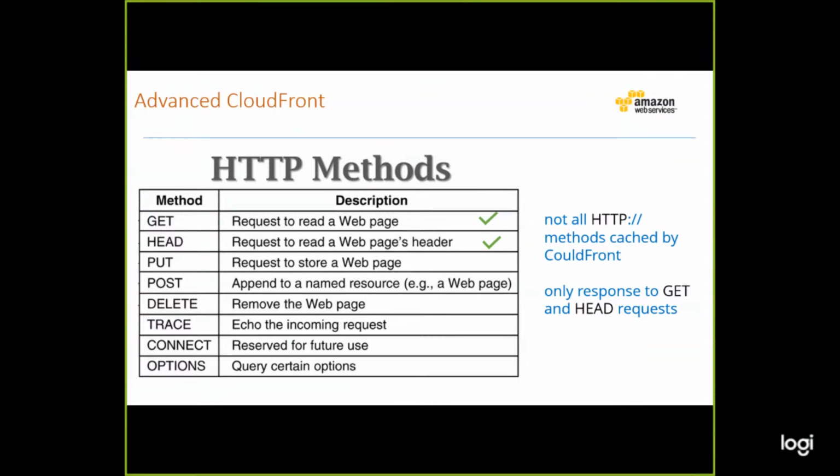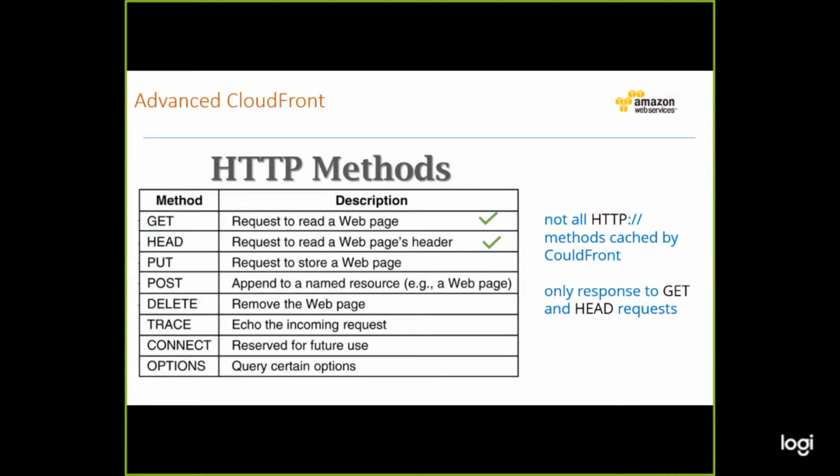Now, what is the type of method we can use? Because if you think about it, it's all about the method that's used to call this content from the CloudFront origin server to the edge location.